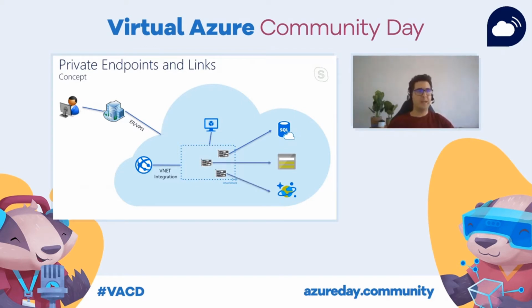This allows your on-premises users, for example, or a web app to consume this private IP directly. Every service will have a private IP address in your virtual network, and this will allow you to reach it privately.